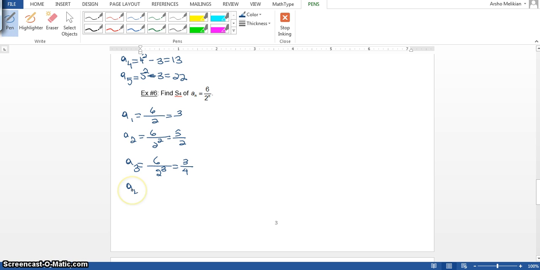And A4, 6 over 2 to the 4. That's 6 over 16, which is 3 over 8. So S4 is 3 plus 3 over 2, 3 over 4, plus 3 over 8.